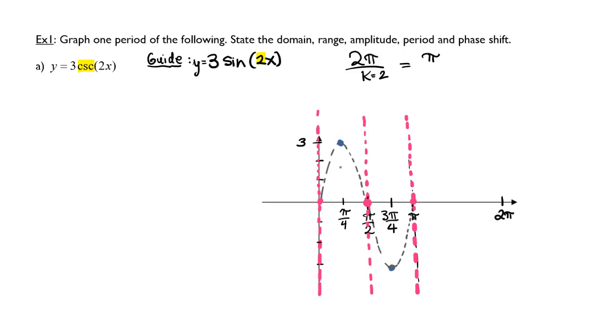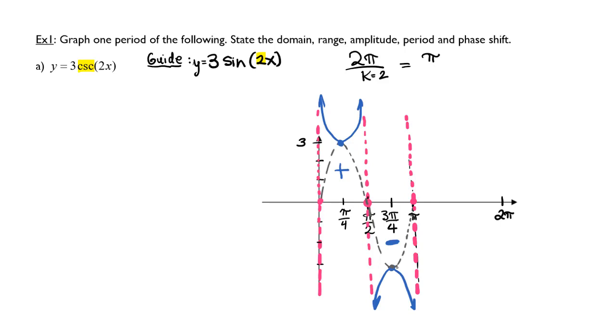And then since this first interval from 0 to pi over 2, the dotted graph is above the x-axis, that means my U is going to be opening toward positive infinity in the y direction. And from pi over 2 to pi, I know my graph is below the x-axis, which means my U shape will be opening downwards and tending toward negative infinity in the y direction.